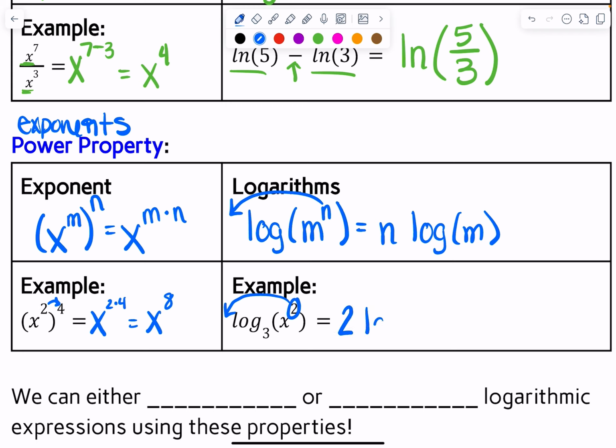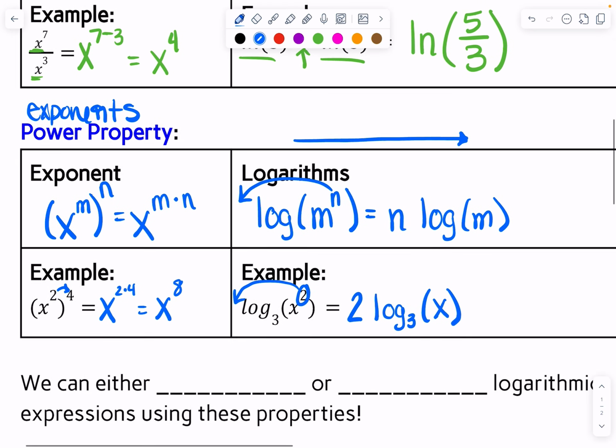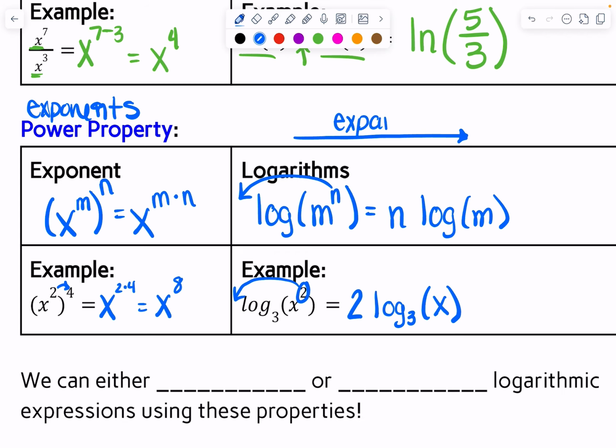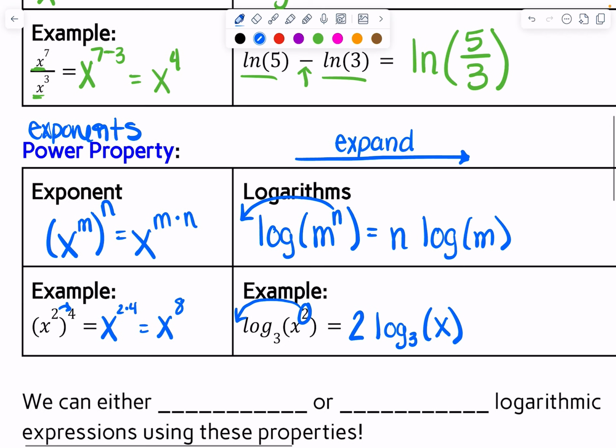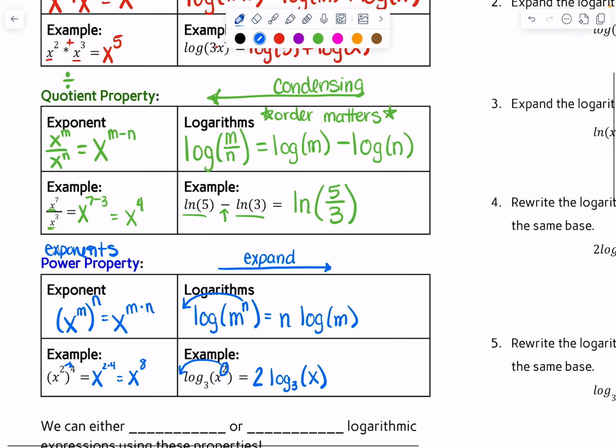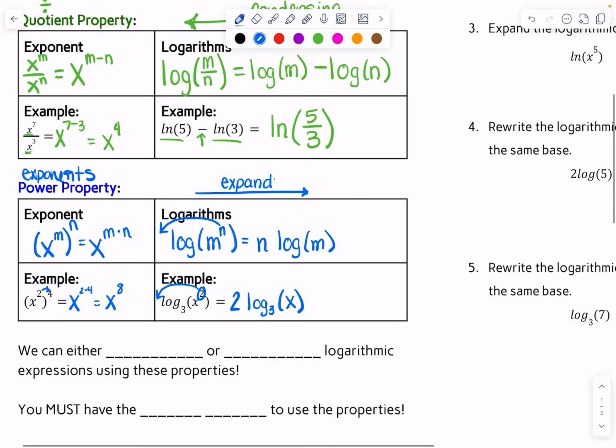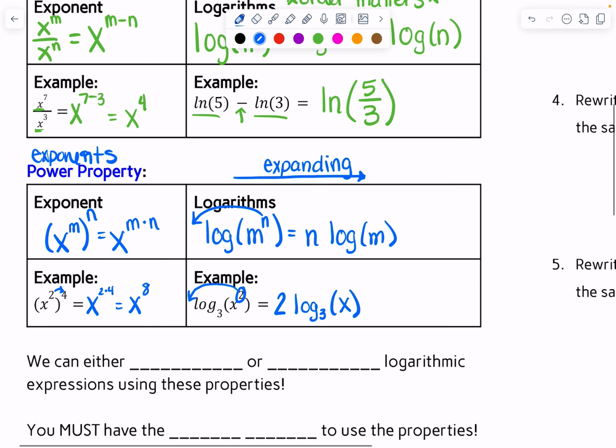So we will have 2 log base 3, because that base stays the same, of x. So in this case, again, we are moving from the left side to the right side. We are expanding our logarithm there.